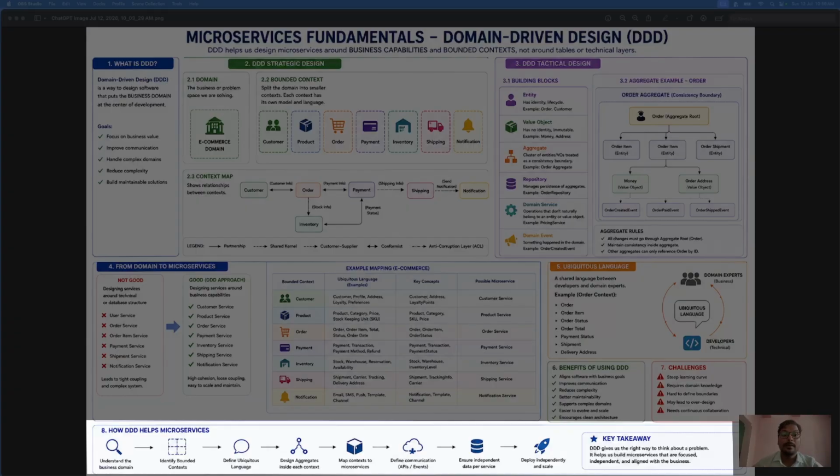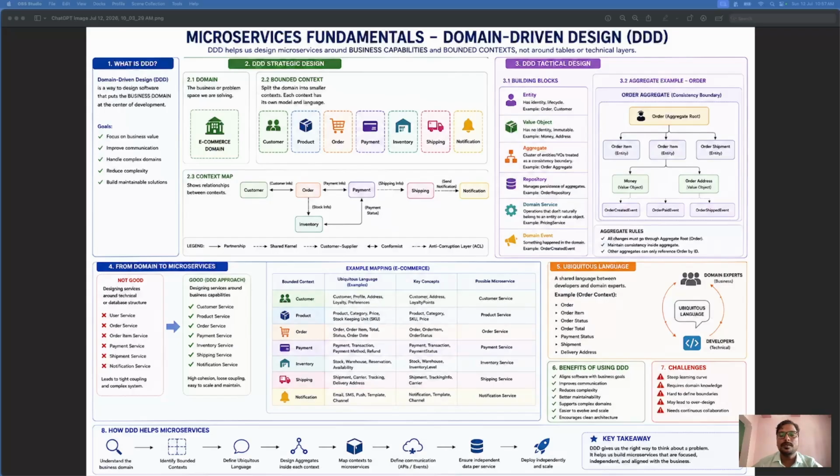Let's quickly recap today's session. We learned that domain driven design is a way of designing software around business problems. We explored strategic design and tactical design. We understood bounded context, context map, entities, value objects, aggregates, repositories, domain service, domain events.